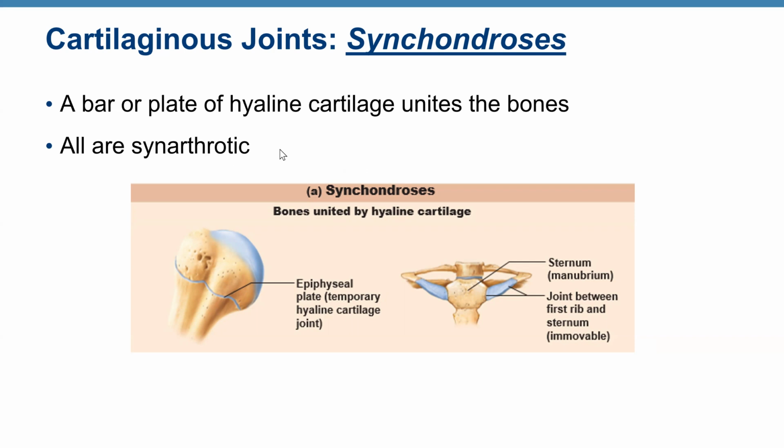So if bones are united by hyaline cartilage, then by structure, we have synchondrosis, and by function, we have synarthrosis. An example, you would be surprised, is the epiphyseal plate found in the long bones. It's a temporary hyaline cartilage joint, and the joint between the first rib and the sternum is an immovable synarthrotic joint. Right, okay.